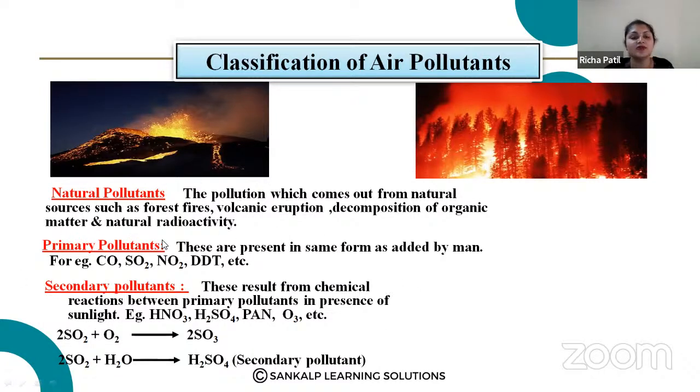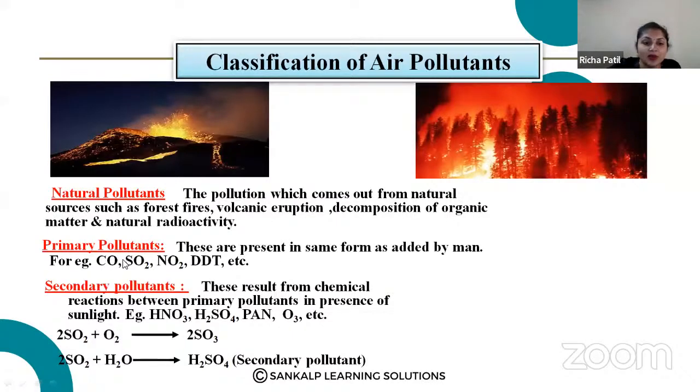Pollution caused from these natural sources is called natural pollutants. So primary pollutants are what? Directly from the source. Okay, directly from the source, when the pollution is occurring, it is called primary pollutants. So these are present in the form as added by man.